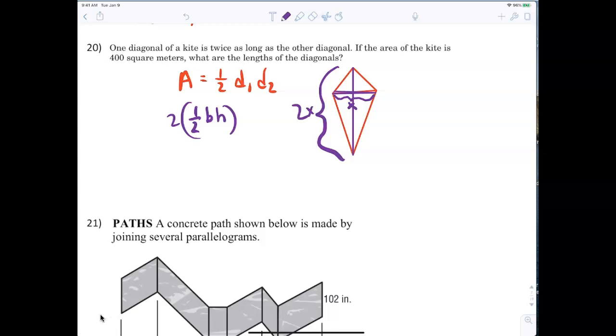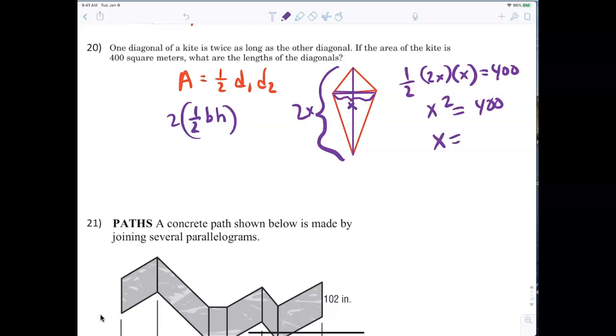Right? So now we have what? We have 1/2 times 2x times x, and that is equal to what? 400. All right, so be careful with that. So I just have what? x squared equals what? 400.